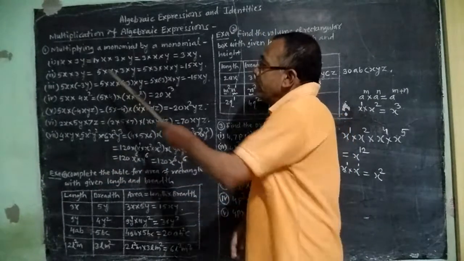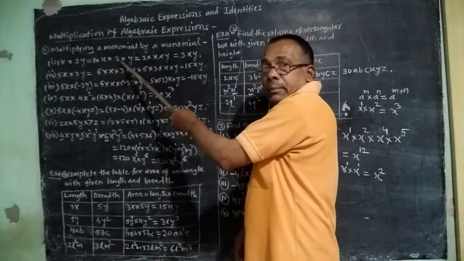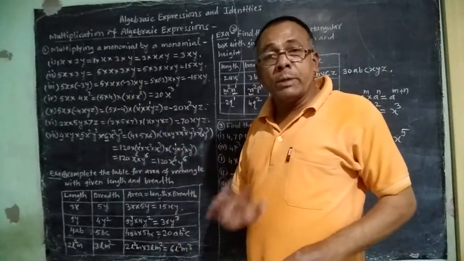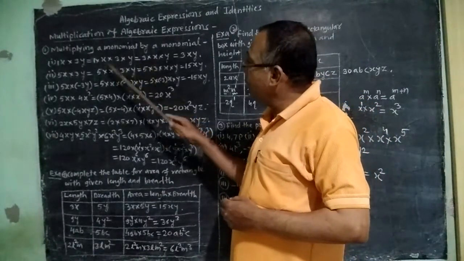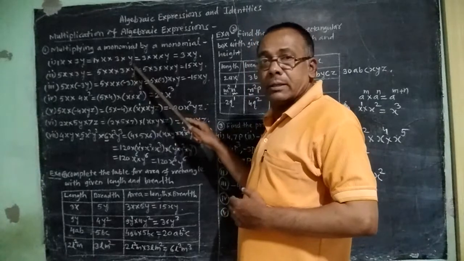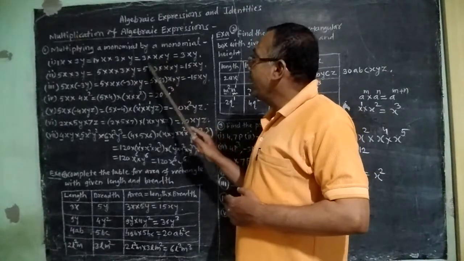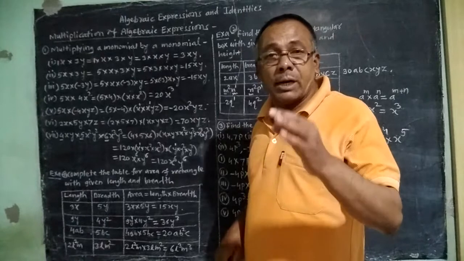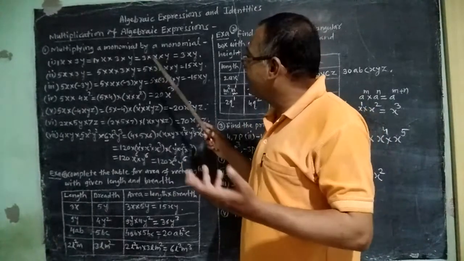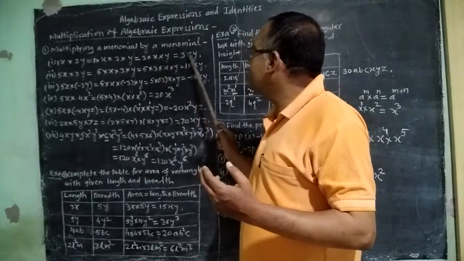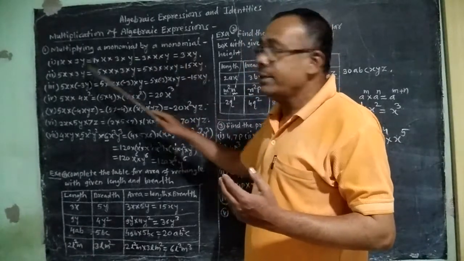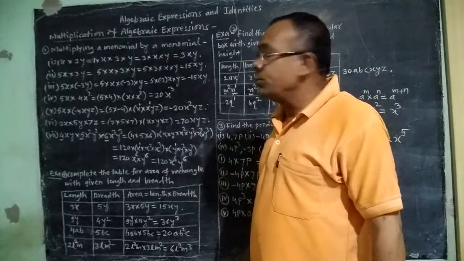Then here 1 into 3 means multiplication of numerals. 3 ones are 3 into x into y. Here x and y are not the like terms or like variables. x is different from y. So x into y is written as xy. So 3xy is the product of x into 3y.